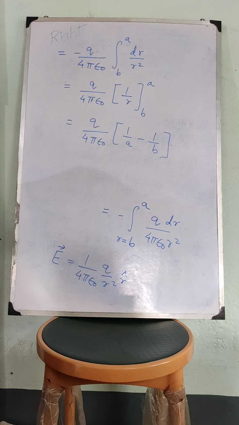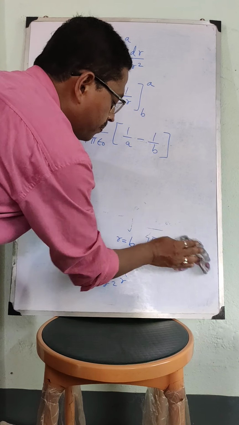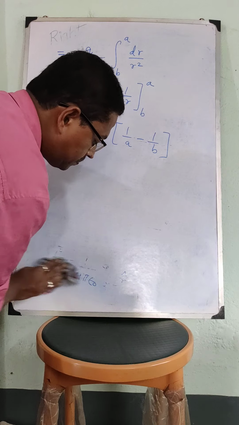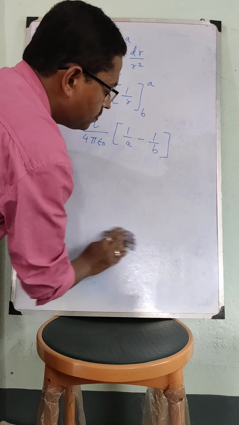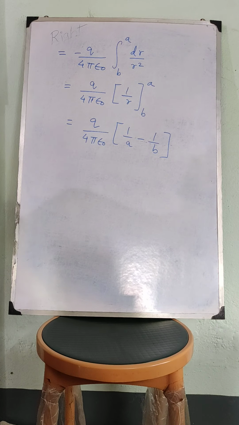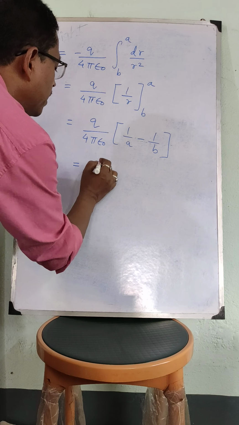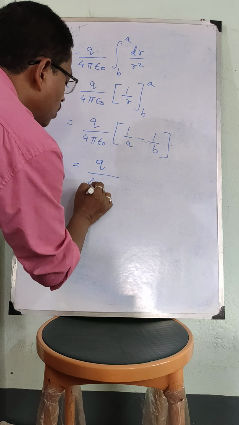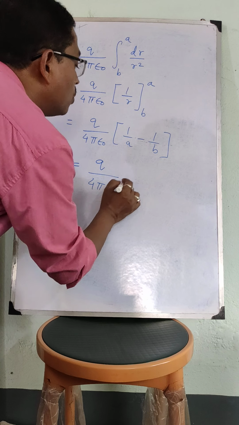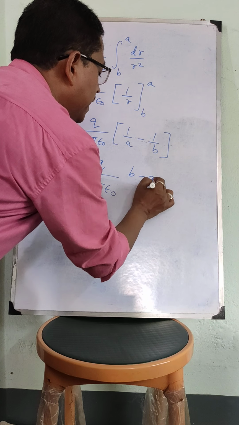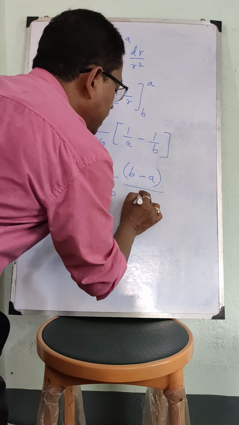Now I can simplify it. So this is equal to Q by 4 pi epsilon 0 times (b minus a) divided by ab.